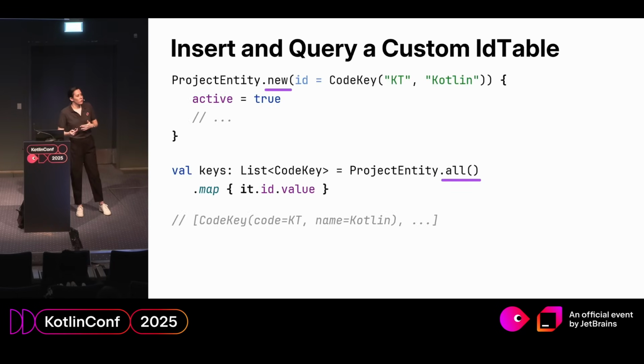With the DAO approach, each record in the table would be associated with an entity class instance like project entity, and methods like insert and select would be replaced with new and all, and we would be using the fields to set and get values directly instead of any association to table columns.